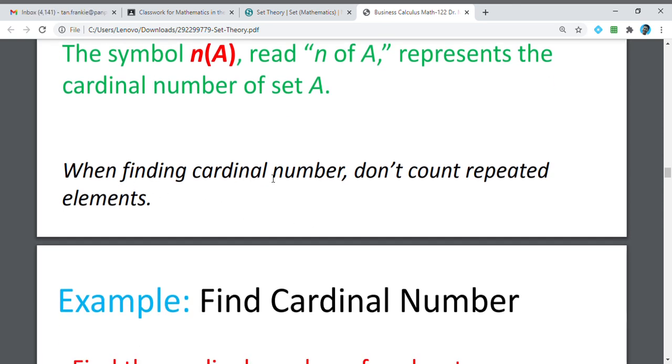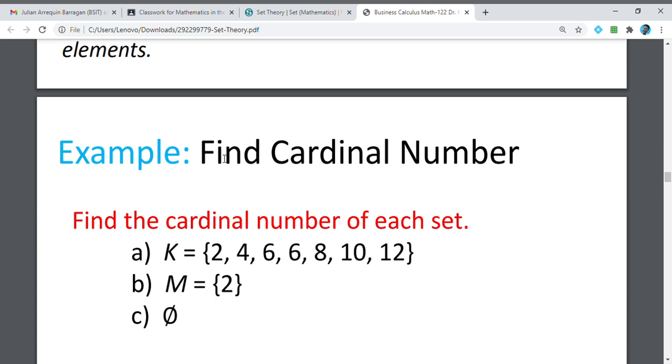When finding cardinal number, don't count repeated elements. If there are elements which are repeated, they would only be counted as 1. Okay, so let's have an example.